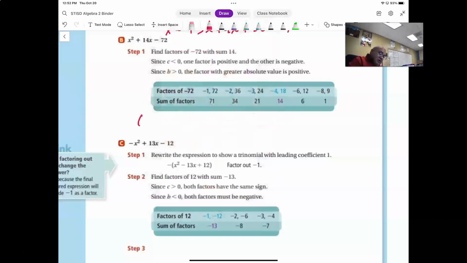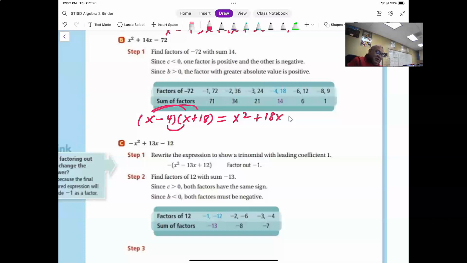It would be x minus 4 times x plus 18. And if you wanted to check if we did it correctly, it would be x times x, which is x squared. You do the FOIL method. X times x is x squared. X times 18 gives you plus 18x.